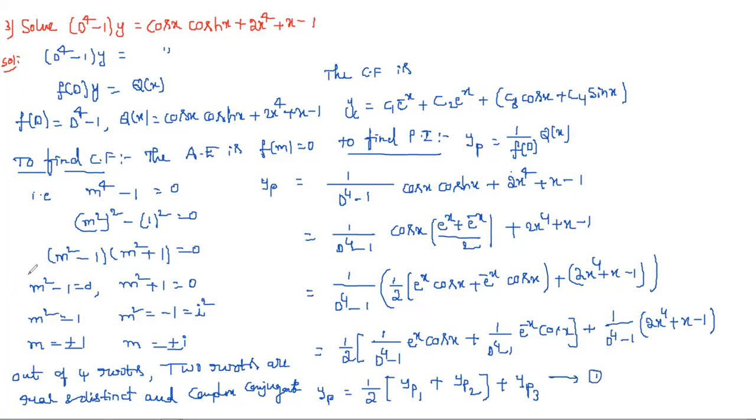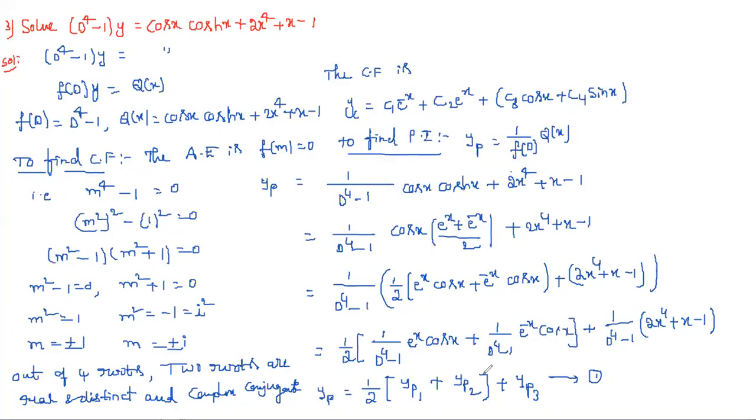Now we need to calculate y_p1, y_p2 and y_p3 separately. First y_p1. So y_p1 is equal to 1/(D^4 - 1) e^x cos x, the first one.